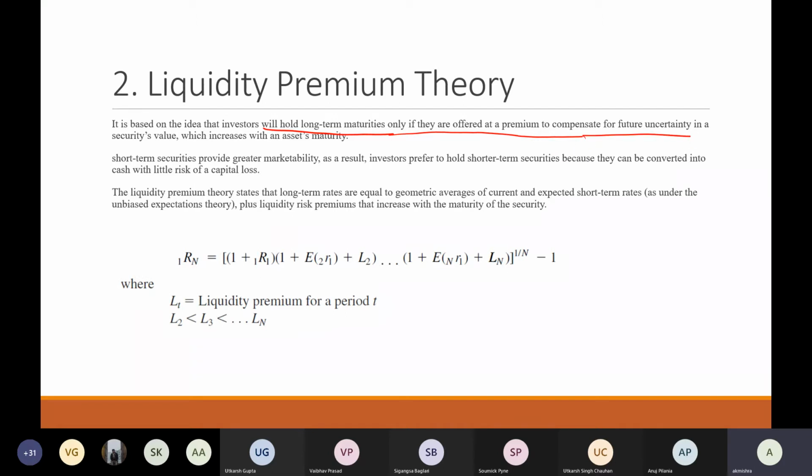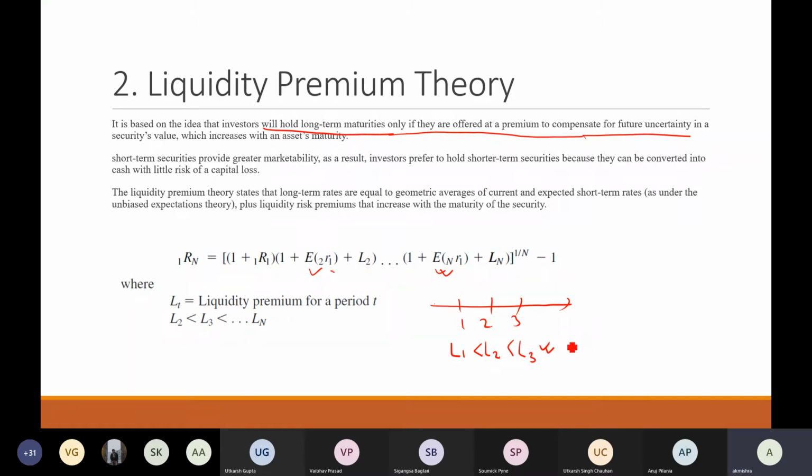So what this is suggesting, let's say these are the expected yields on a 1 year maturity instrument, which we already discussed in unbiased expectation theory. This theory suggests that as the maturity period increases from 1 to 3, investors would demand a liquidity premium.